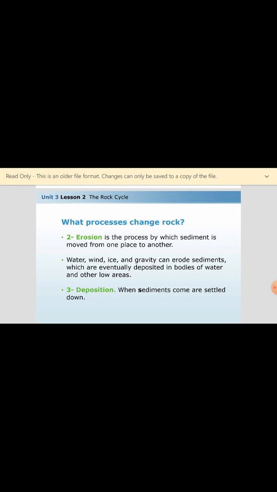It is very clear that the water or the wind can move the weathered rocks from one place to another. Also the ice can do that, and gravity can cause the sediments to fall down. Finally, the eroded sediments should settle down somewhere. This process is called deposition, the process in which the sediments come to settle down.